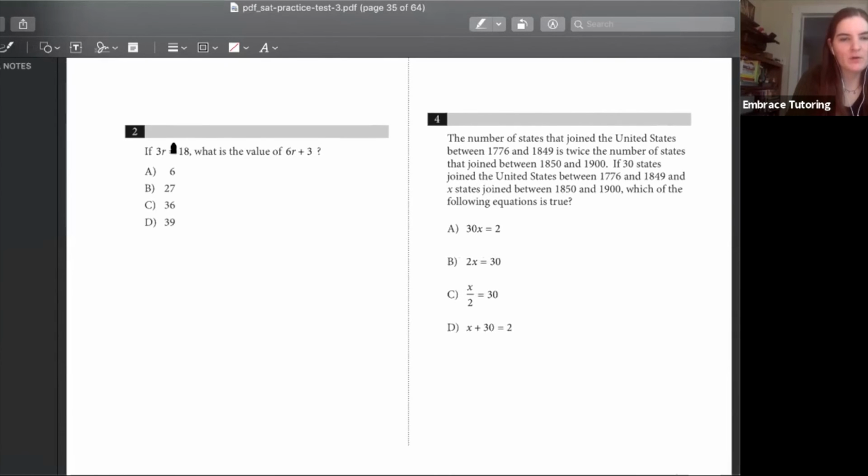We would have gone through and identified that 3r equals 18 would be something that I'd want to identify in this question. I want to know what the value would be for 6r plus 3.